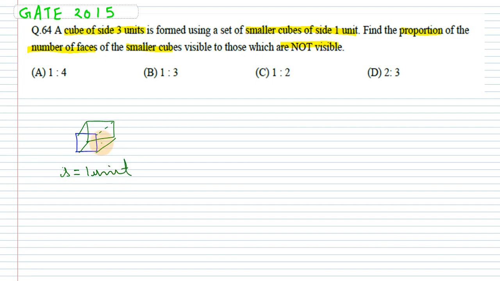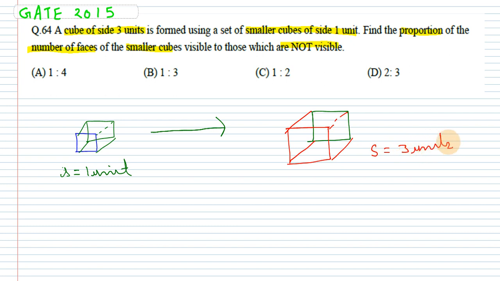And by using this smaller cube, we have formed a large cube of side capital S, that is 3 units. Right?